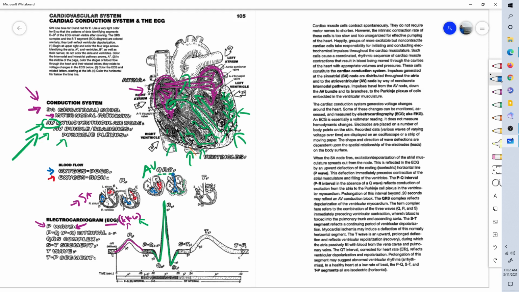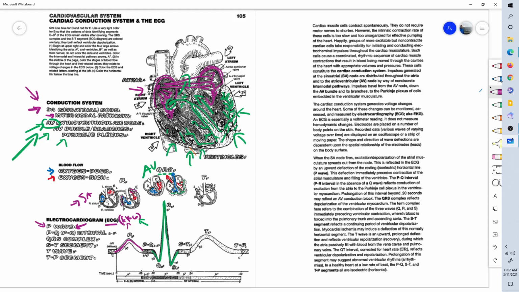All of this blood, deoxygenated and oxygenated from the left ventricle, is slammed out into the pulmonary arteries and aorta. Let's make this purple for contraction there.